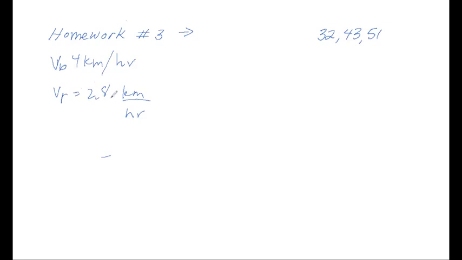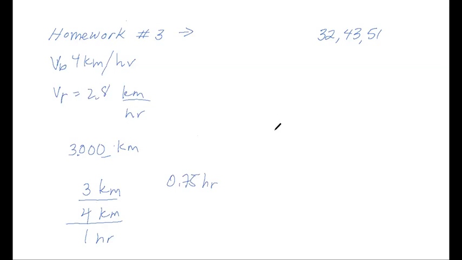The velocity of the walker is 4 kilometers per hour. So the boater and the walker are going the same speed, but the boater has to fight the stream going upstream, and he gets a little bit pushed going downstream. So we've got 3,000 meters or 3 kilometers. For the walker, we've got 3 kilometers divided by 4 kilometers per 1 hour, which is 0.75 hours.